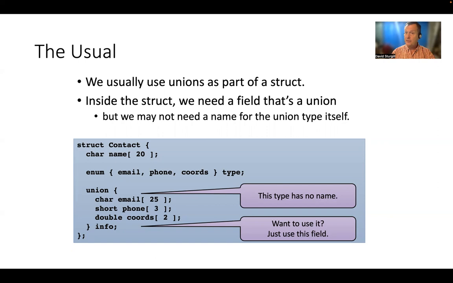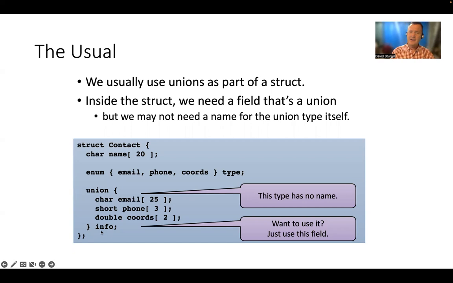So I could just define the union inside the structure like I'm doing. I've got contact information, and it's got a name field and a type field and a union. And I didn't even bother giving the union a name. I just said a union's got an email address or a phone number or global coordinates, and just call that field info, but don't even bother giving a name for the type. The only place you're going to use that field is info.